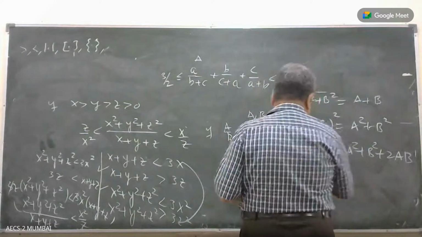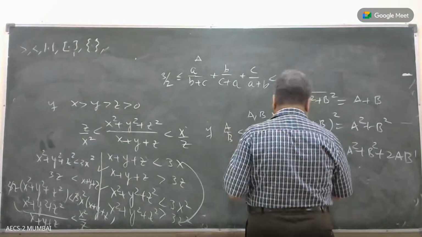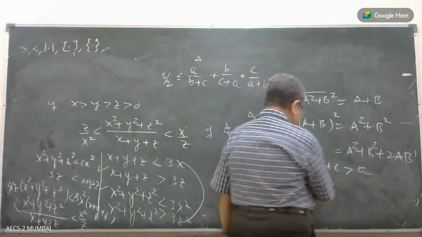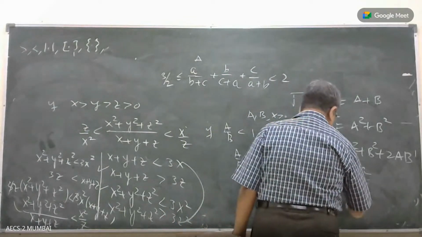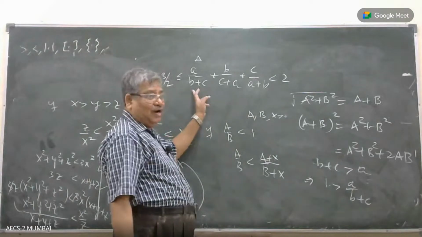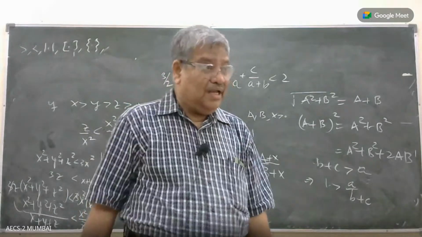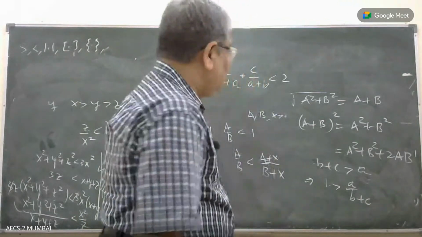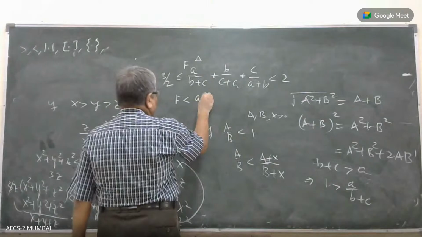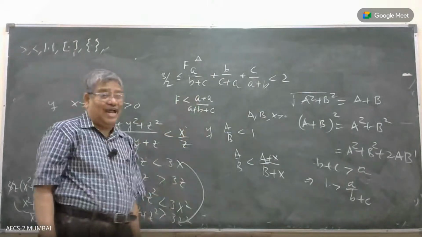So if it is a triangle, then B plus C will be greater than A. Correct, na? So this ratio will be less than 1, this ratio will be less than 1, and this ratio will be less than 1. So I can apply this. How? If I call this f, then f will be less than a plus a upon b plus c plus a. That means in this ratio I will add a up and down.